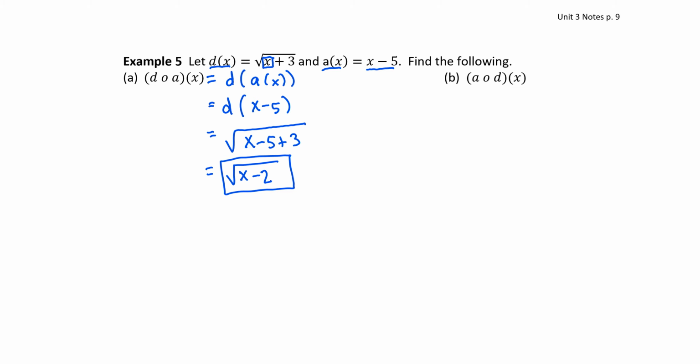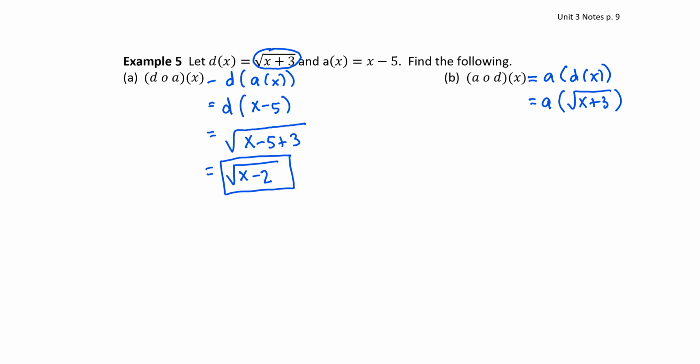Now let's go the other way and evaluate a of d of x. So a is on the outside. We postpone that until step 2. And then we're going to replace d of x by its rule. D of x gets replaced completely by the square root of x plus 3.